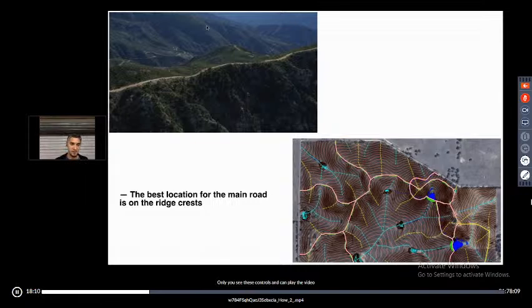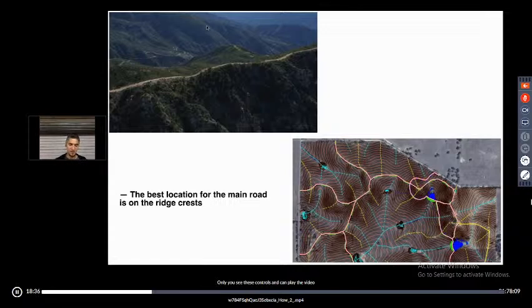The reason is that it stays naturally dry during rain events, so it is easily accessible throughout the whole year. Compare that to a road which is in the valley and flooded. It's not easily accessible throughout the whole year and throughout all the weather extremes. On the ridges it is. That is why it is the best position we can have.